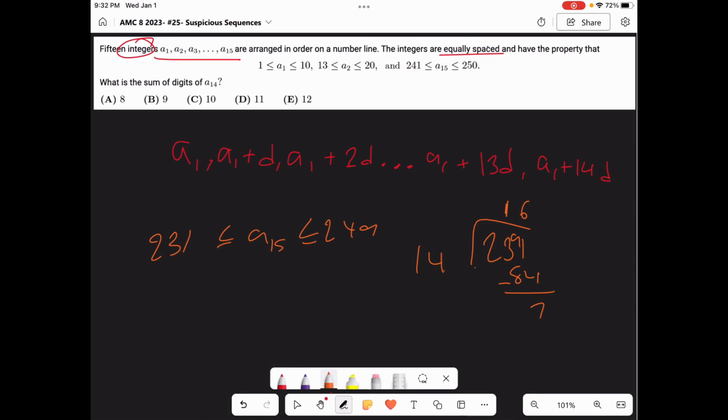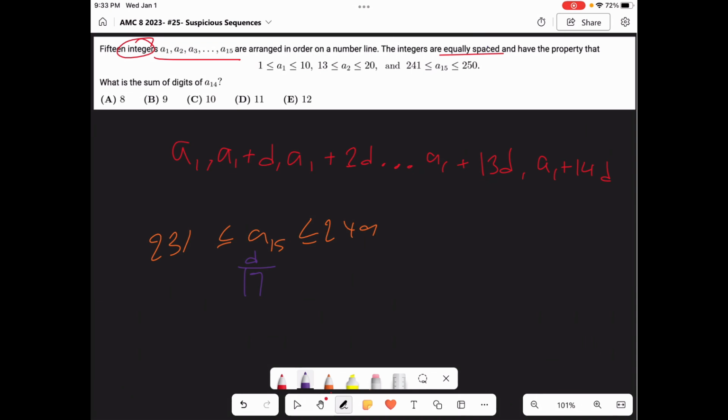So we know that it has to be at least 17 because the minimum is 16 point something. But the common difference has to be an integer, because it says integer here as well. So that means it has to be at least 17. Okay, so 17 is one possible option. Let's list it here for the common difference. These are common differences: 17.